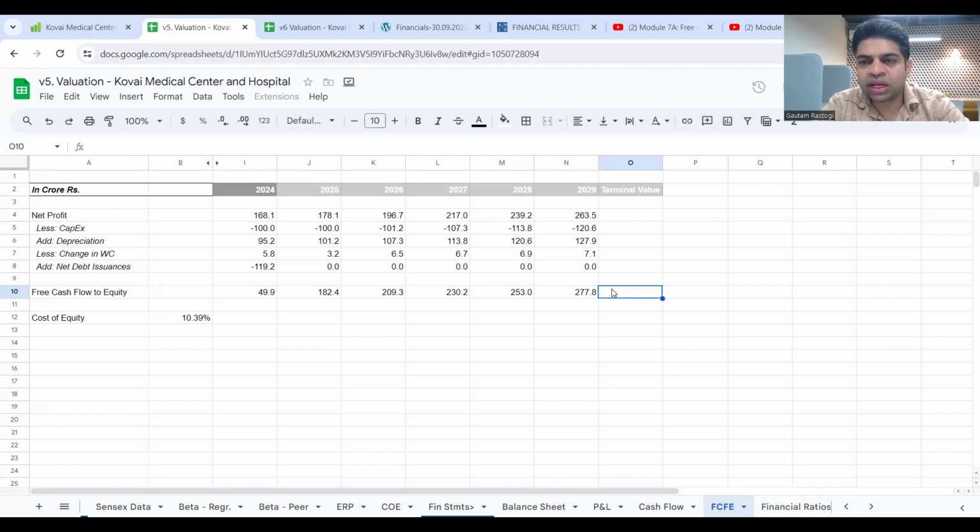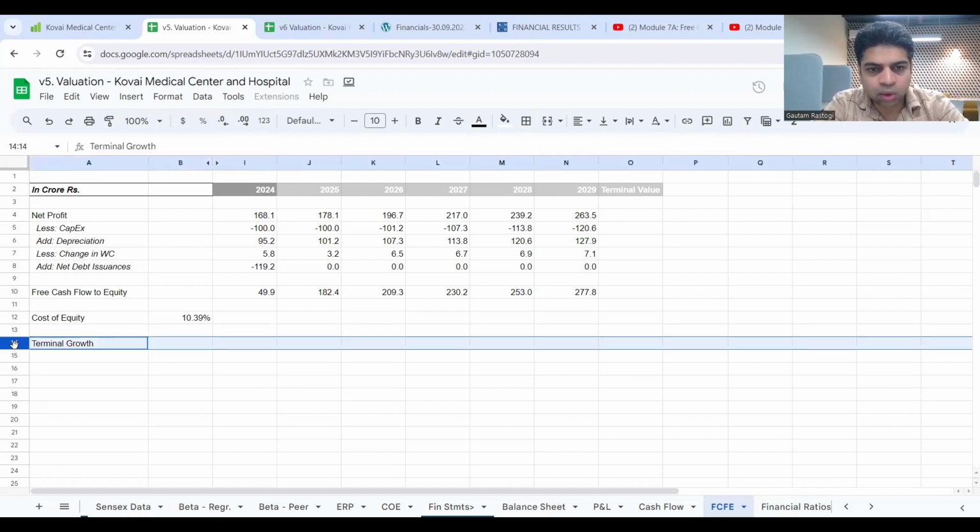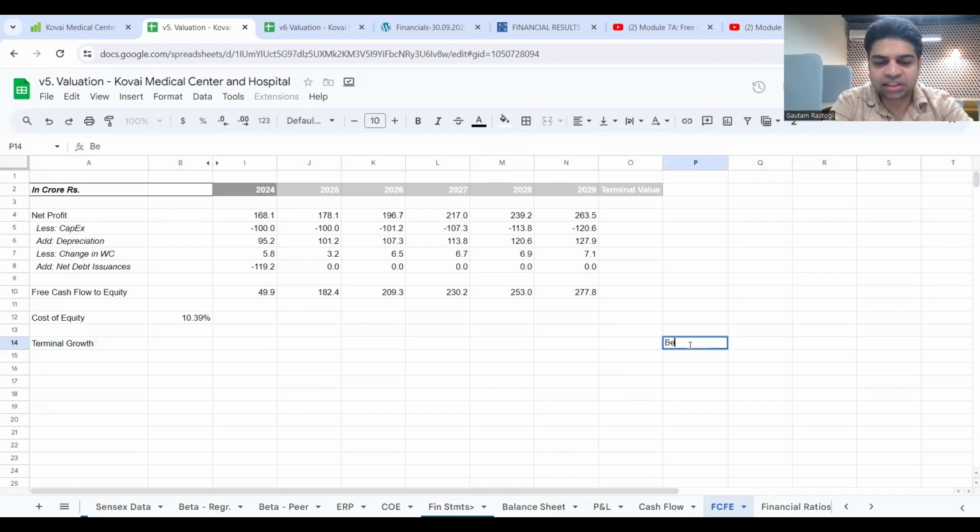We need to make a terminal growth assumption that beyond 5 years, our free cash flow to equity would continue to grow at a certain rate in perpetuity. So let's assume that beyond 5 years, they would grow at the risk-free rate. And let's document this assumption.